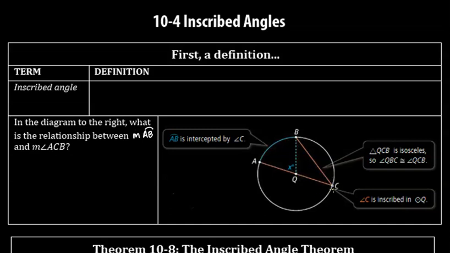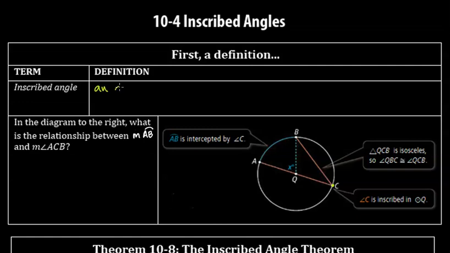And if you notice what's special about angle C, there's a couple things. First of all, you look at where its vertex is. Its vertex is on the circle. We had talked previously about central angles, where the vertex was at the center of the circle. For an inscribed angle, it has a vertex on the circle.